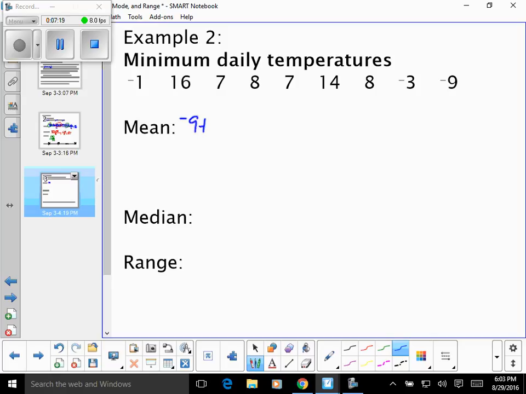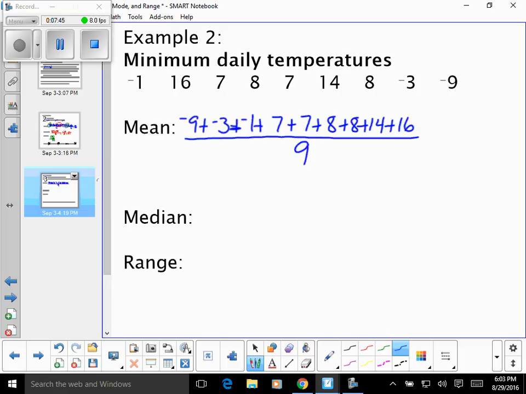-9 plus -3 plus -1 plus 7 plus 7 plus 8 plus 8 plus 14 plus 16. And if we count the items, we have 9.